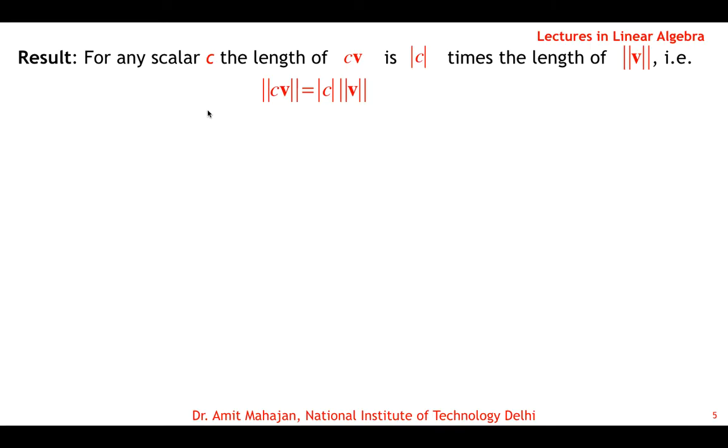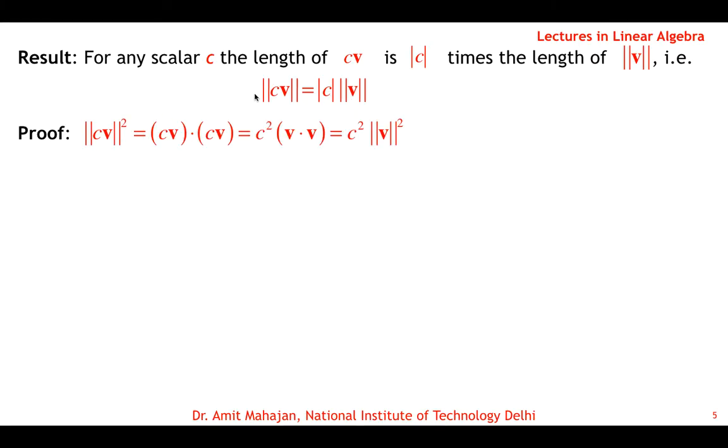Now one small result here: for any scalar c, the length of the scaled vector is the modulus of c times the length of the vector, or the norm of v. That is, the length of cv is the same as modulus of c times the length of v. The proof is very simple.